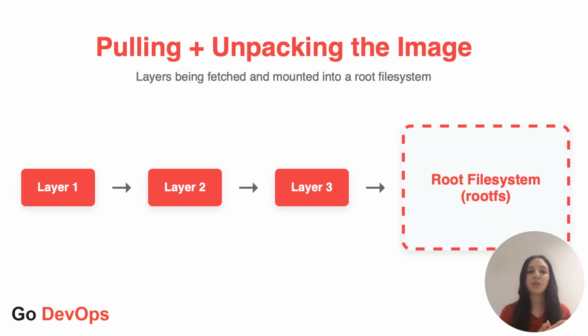As each layer is fetched, the host begins reconstructing the container's root file system in a local storage area. This is the rootfs, where the container will live and run. These layers are mounted together to create the isolated environment we saw earlier. Once this process is complete, the container is ready to execute its application inside this freshly built environment.